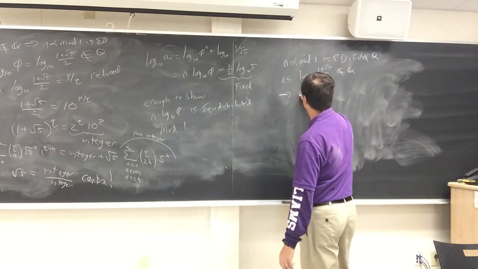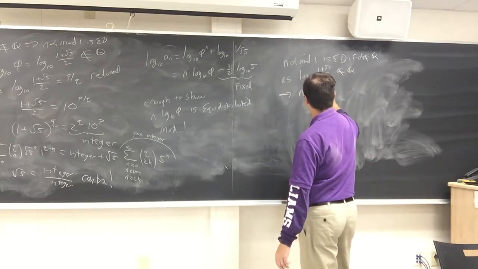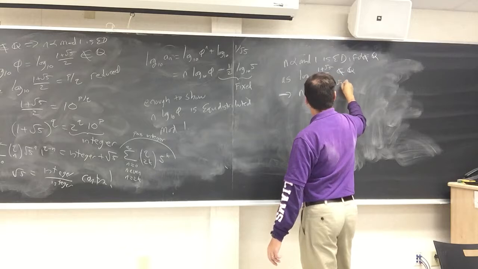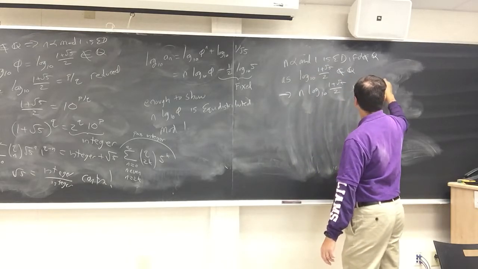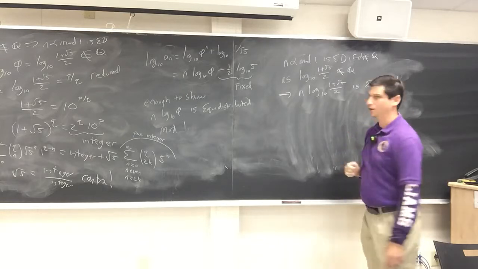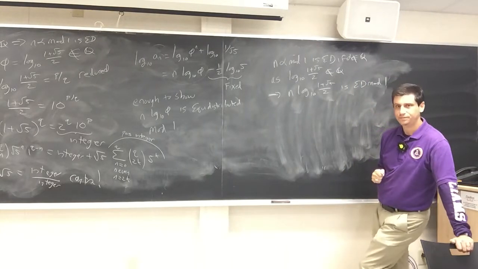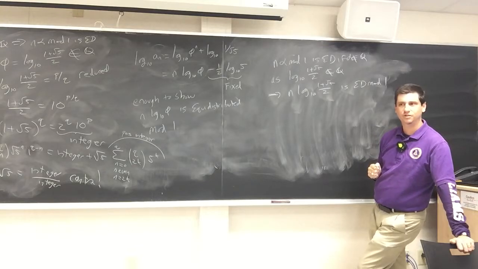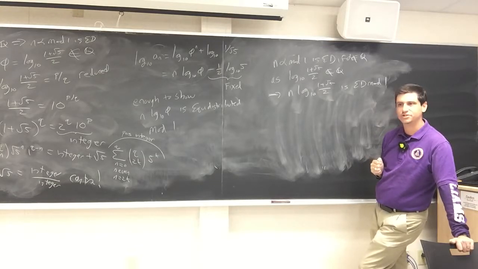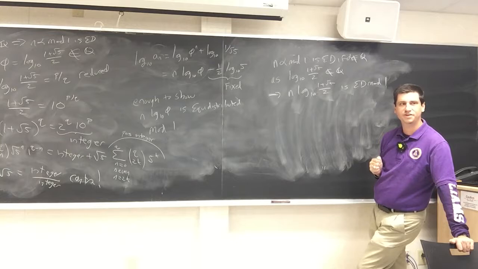We deduce that n log base 10 of 1 plus root 5 over 2 is equidistributed mod 1. So this almost proves the Fibonaccis are Benford, right? Why don't we have it? What's preventing us?